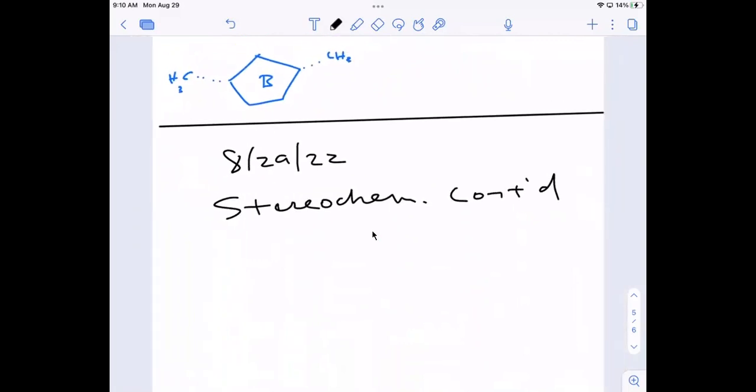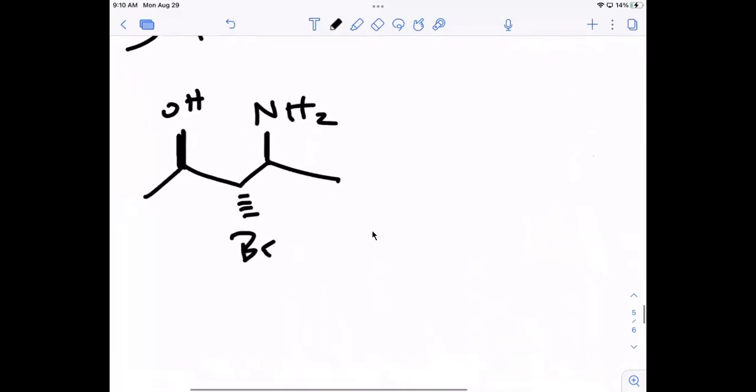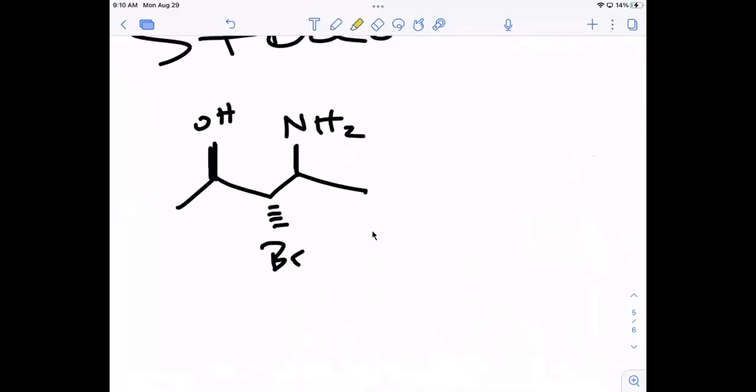You think about a molecule that has chiral centers. Let me give you an example. I'm just going to draw a simple molecule with three chiral centers. Each one of these carbons is a chiral center.